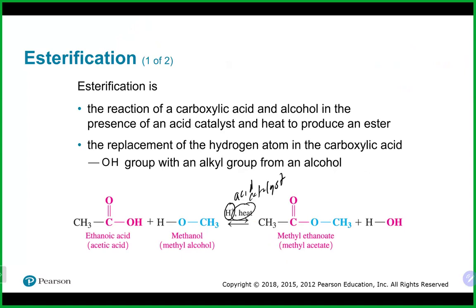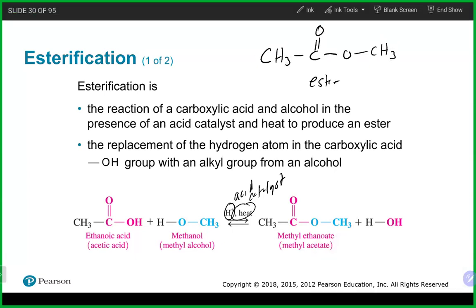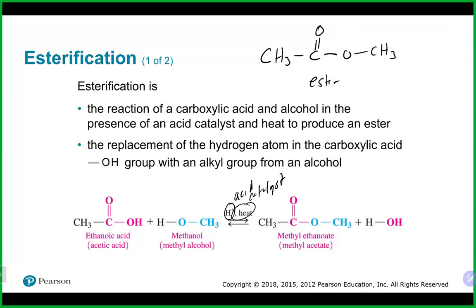That means when we look at an ester, there's really two parts to an ester. So if we take this one here that was formed, and we take this ester, there's really, as I mentioned, two parts to it. And where they come together is right here between the carbon and oxygen single bond.